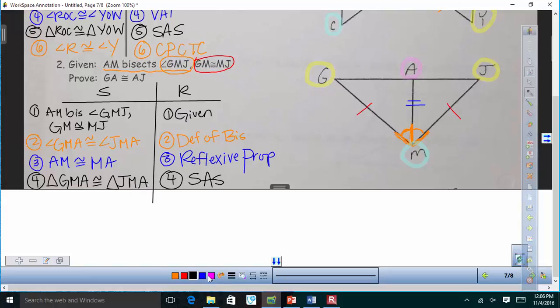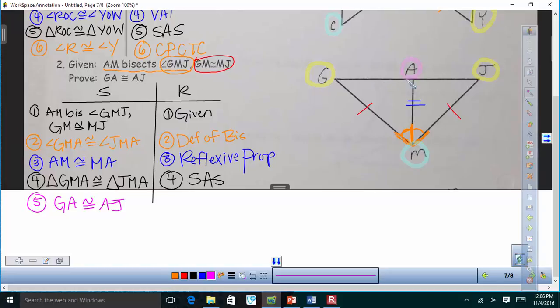Okay, and so have we written our proof yet? No. So that's our very last step is our proof. So GA is congruent to AJ. So if I prove that these triangles are congruent, which means they're the same, doesn't that mean that every corresponding part would be equal? Yes.